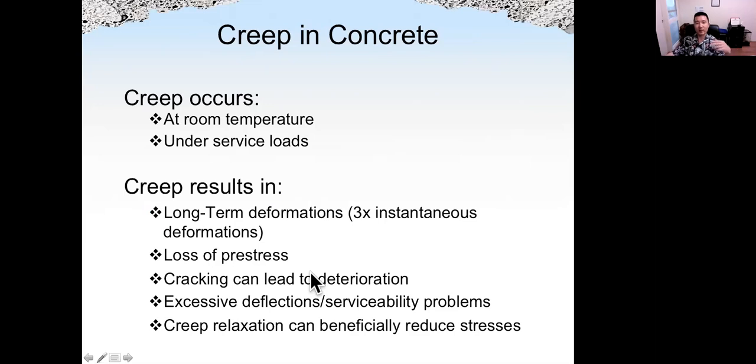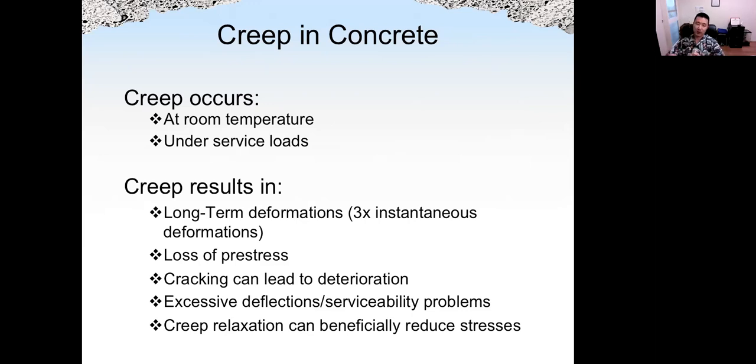Creep in concrete will occur at room temperature, actually at any temperature, as long as the concrete is under load. Creep can result in a lot of long-term deformation, up to 3 times the instantaneous deformation. It can also cause loss of pre-stress in the rebar, because the concrete will become smaller, so the tensile stress in the pre-stressed rebar will be lower.